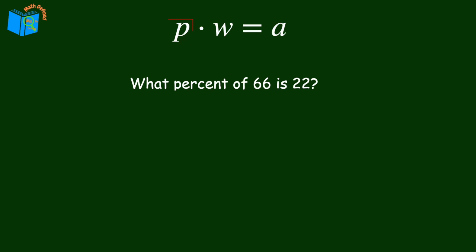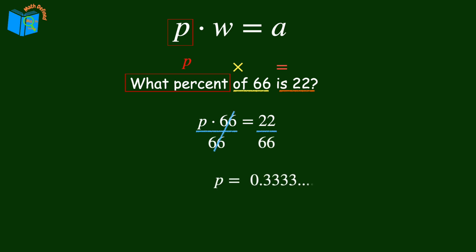But what if the percent isn't a nice, neat number? Let's try one with a repeating decimal. What percent of 66 is 22? We'll set up the equation as p times 66 equals 22. Divide both sides by 66 to get p equals 0.333 repeating.